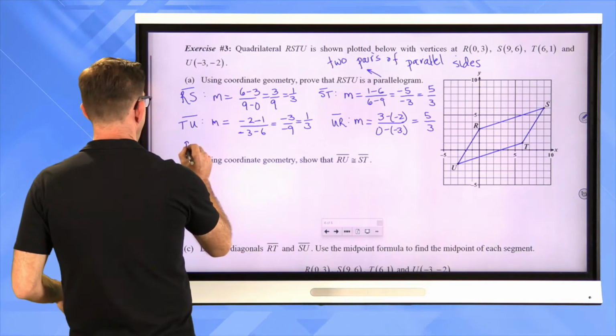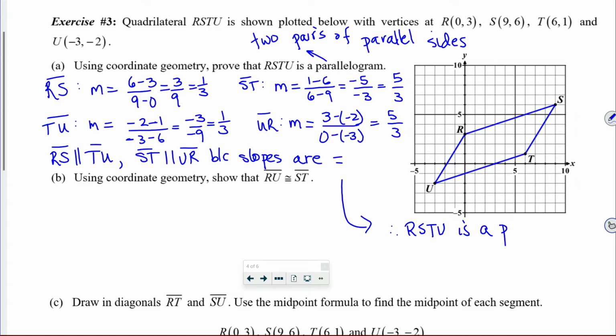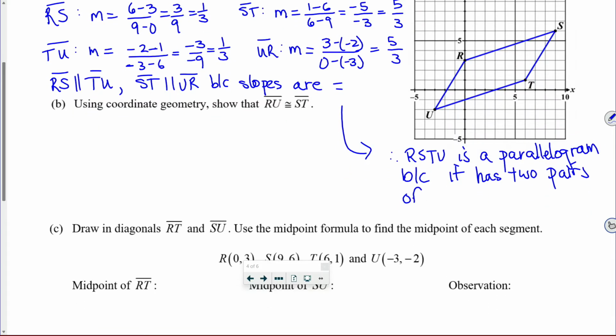So I'm going to say RS is parallel to TU, and ST is parallel to UR because slopes are equal, and therefore, RSTU is a parallelogram because it has two pairs of parallel sides.